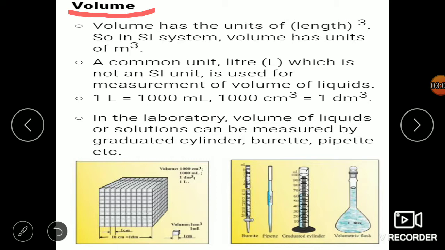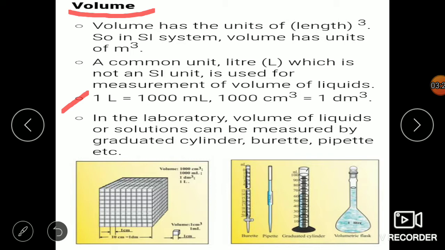The common unit used for volume is liter, which is not an SI unit. 1 liter is equal to 1000 ml, or you can say 1000 centimeter cube, that is equal to 1 dm cube. Remember this point, to use it while solving the numericals.